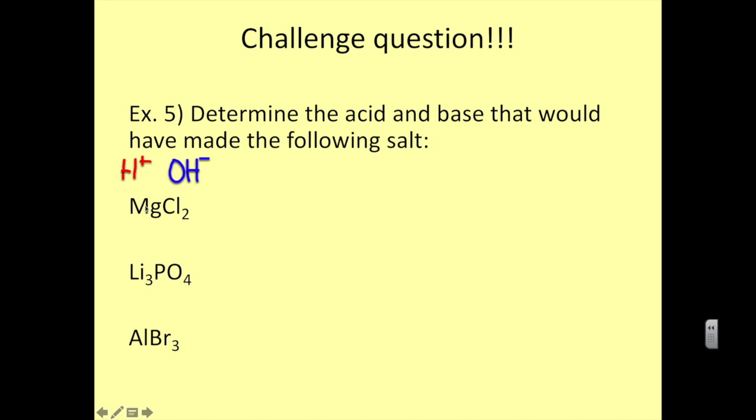So the anion, the one that's named on the right, should have been paired from the acid, and the cation should have been paired from the base. That's helpful information to know because the cation is the positive charge.